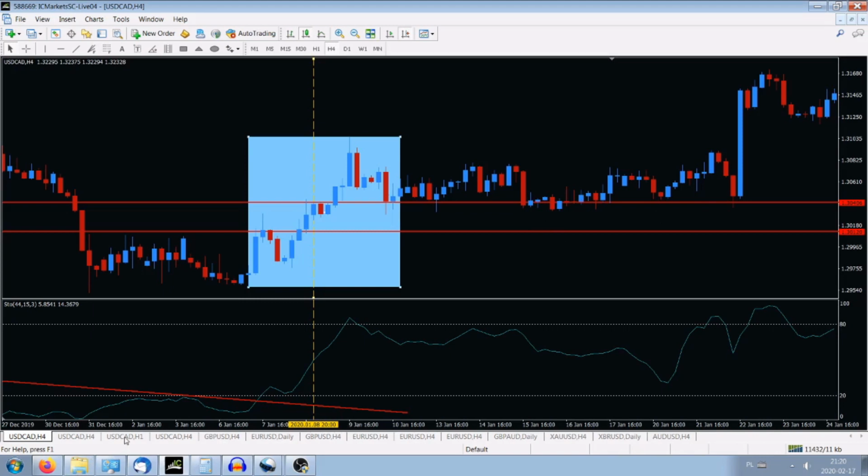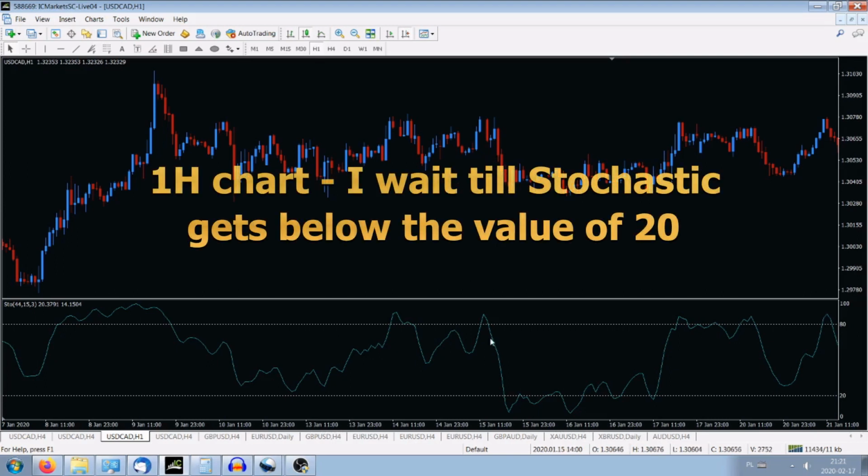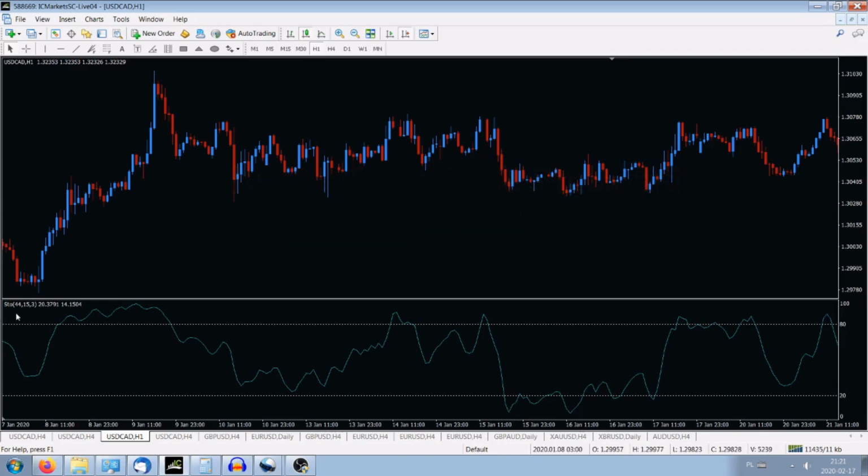Then I go to the 1 hour chart. Let me show you. This 1 hour chart is the same story. We are at 9 January. On the 1 hour chart, I'm looking for the zone, the area where the market retraces and falls to a value below 20 on my stochastic. Once again, I tell you, it's 44.15.3.